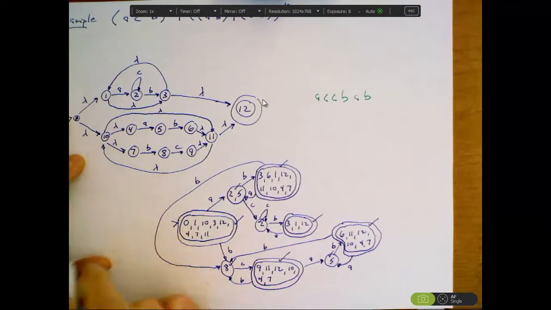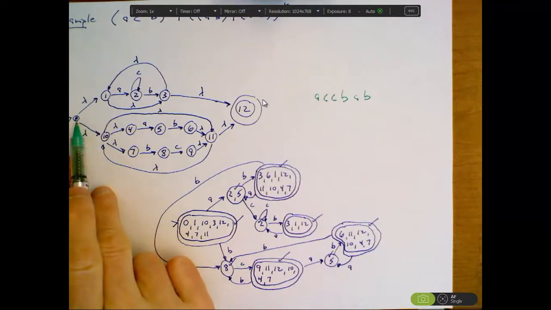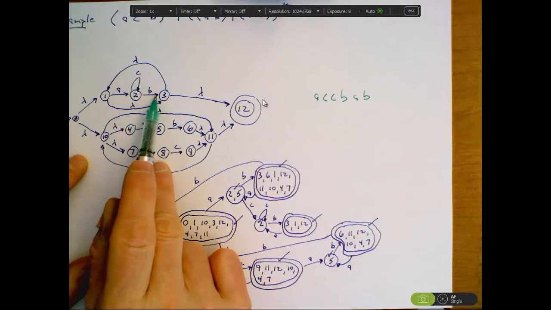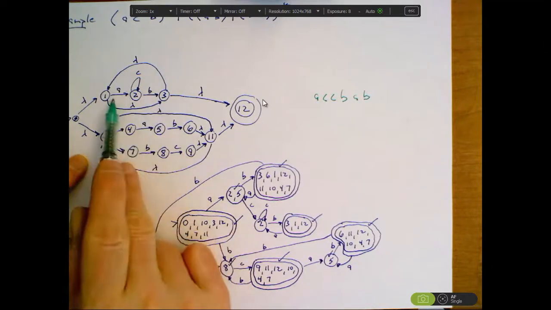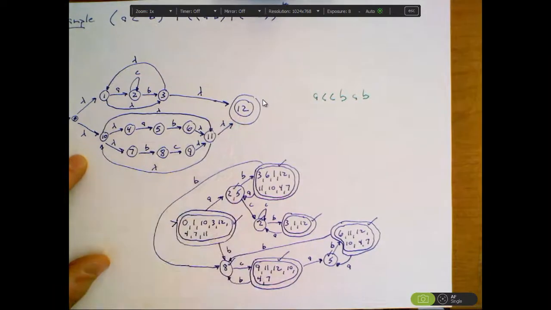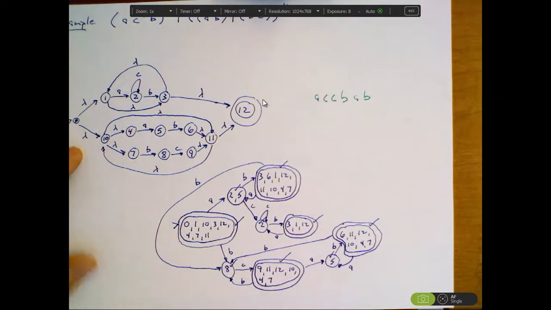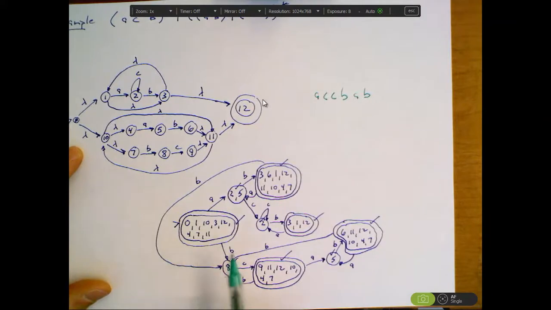Let's just verify that in fact it's in the first one, right? I can come up here on an A, I go here, I can do 2 C's, a B, come back, do an A and a B, and terminate. So it is, in fact, in the language recognized by this machine. Let's go down here. A, C, C, B, A, B ends up in a final state, so it works.